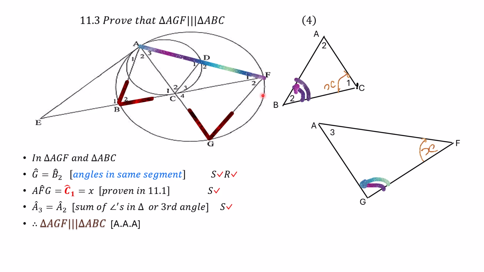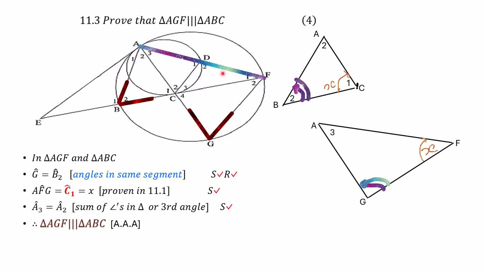Right? Now, there you see I started off and I said angle G from here equals angle B2. So this angle G equals angle B2 there. And my reason, angles in the same segment. So you see there the two lines. If I go back, angle G is subtended by that chord AF. So AF is the one that G is opposite to.